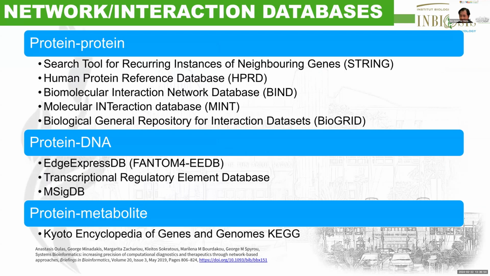So in terms of the information that we can get from publicly available resources, we have three main types of network or interaction databases. The first one is protein, which has the most databases. We have STRING, HPRD, BIND, MINT, and BioGRID.